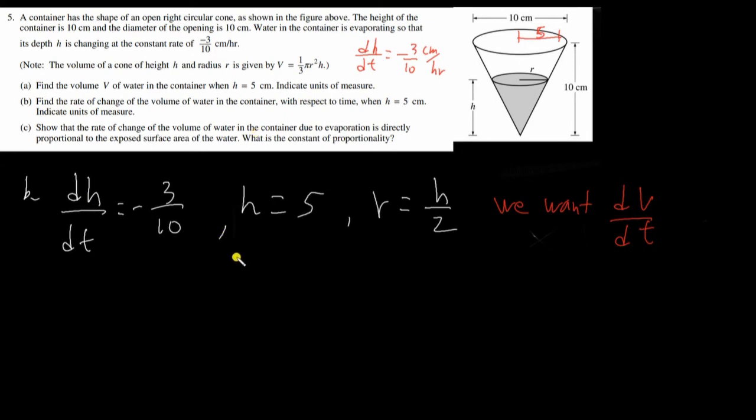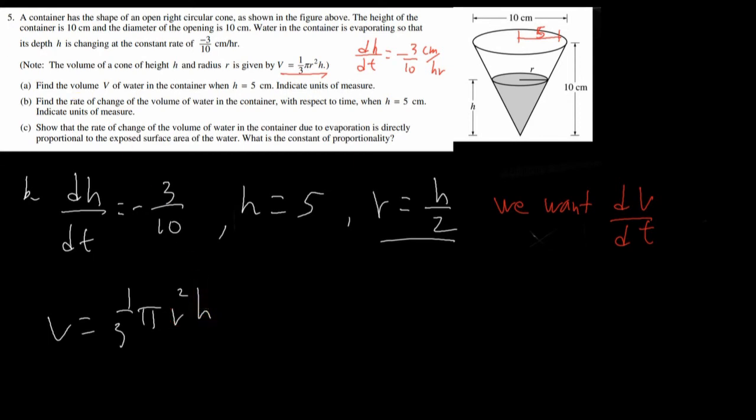So now that we have our list, let's start thinking in terms of equations. What equations do we have? Well, we have two main equations here. We know that V is 1/3 pi r squared h, and we can't just take the derivative of this equation immediately because there are two variables here, an r and an h.